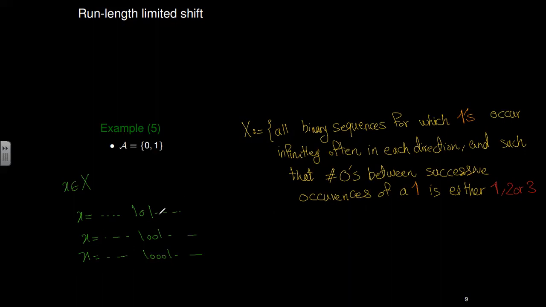It doesn't matter what is going on with zeros. For example, you have many zeros here, but if you have a one, it comes in between. So here, for example, it is impossible because you have two 1s, and here it's 1 1, another one here, and between two consecutive ones you need to have 1, 2 or 3 zeros. So if you put 0 here, you should put 1 here.